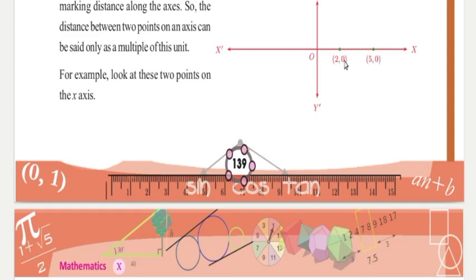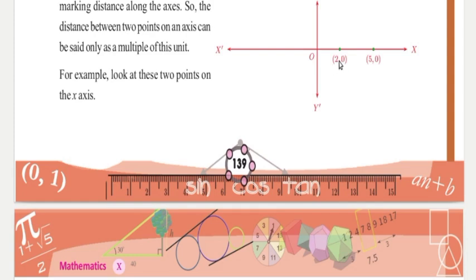Both the points are on the x axis. Then what is the distance between these 2 points? The y coordinates are 0 because for points on the x axis, their y coordinates are always 0. We know that, right?